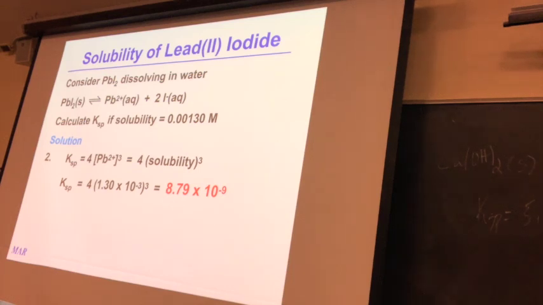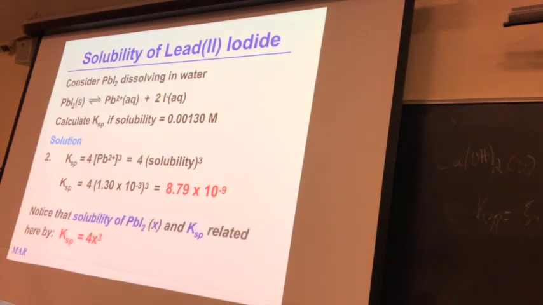But sometimes it will be nice to think about it as a relationship between KSP and the solubility. Let's call the solubility X. This would be an example where KSP equals 4 times the solubility to the 3rd power. I'll show you why this is handy in a little bit. Questions on the math? Does everybody see where lead times iodide squared is essentially 4 times the solubility to the 3rd power? Is that cool?